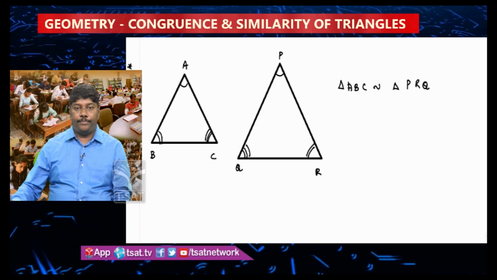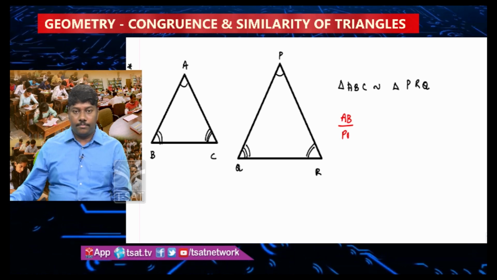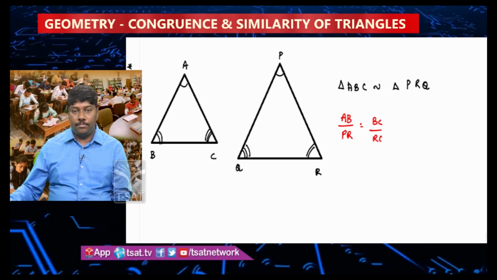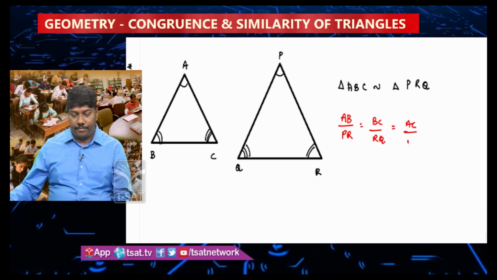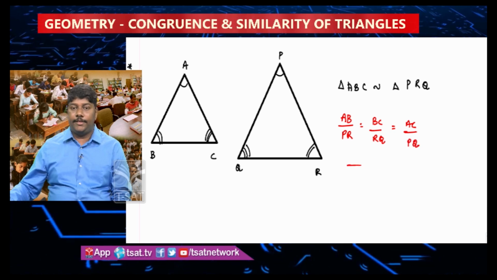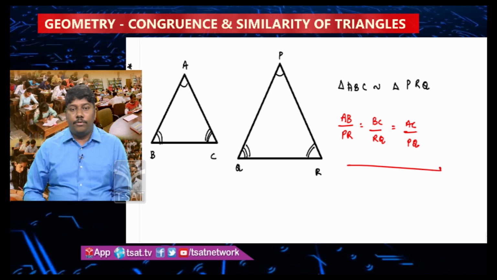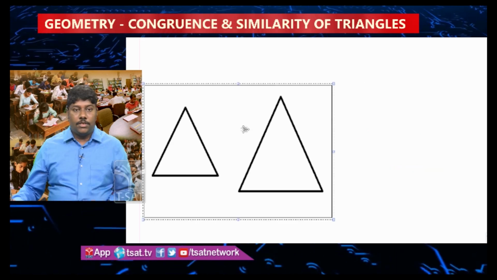Now we say AB by PR, BC by RQ, AC by PQ. Like this we say area 1 by area 2 is equal to the square of any of these side ratios. That's how we proceed.